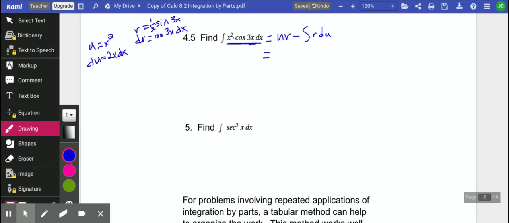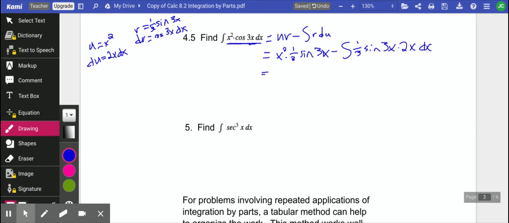So we have u is x squared, v is 1/3 sine of 3x, minus the integral of v, which is 1/3 sine of 3x, times du, which is 2x dx.